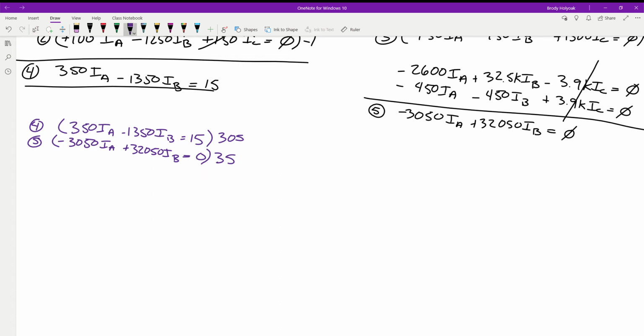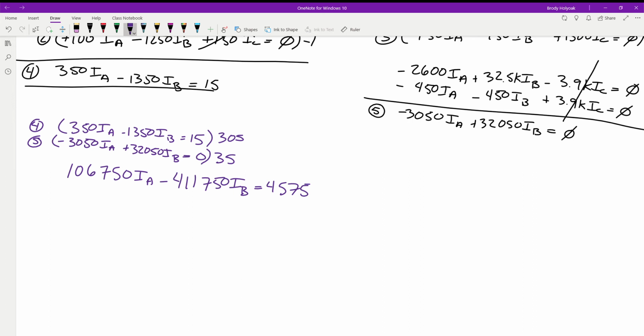That's going to give us 106,750 IA. We're going to subtract 411,750 IB. And that's going to be equal to 4575.